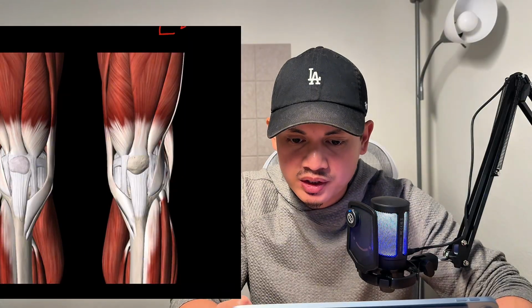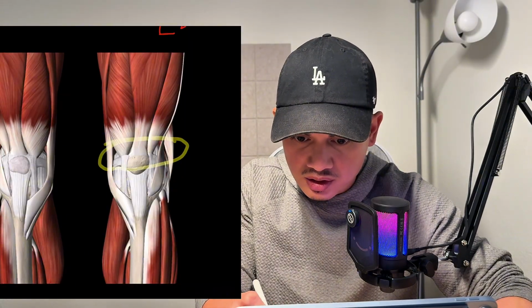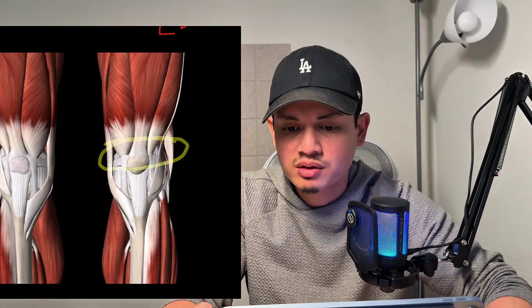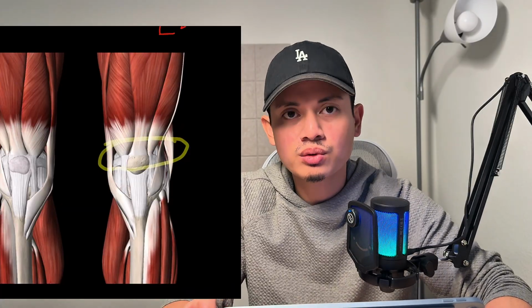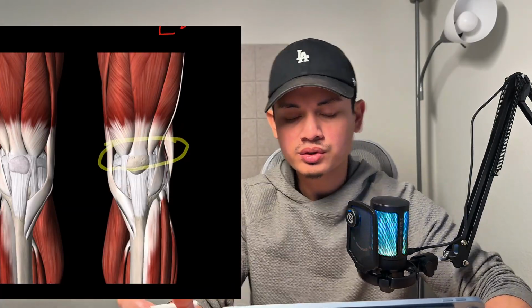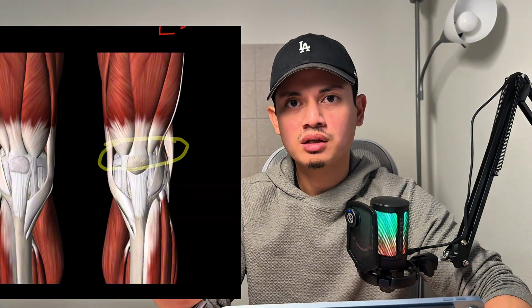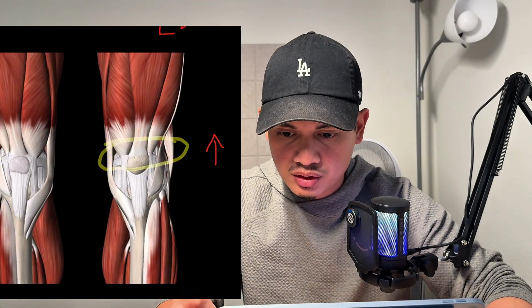Along this area of the patella, you have your quadriceps, the four different parts of your quadriceps that attach to your kneecap. Since they influence the position of the kneecap, for example, as you extend your knee, your patella actually glides upward as you straighten your knee.